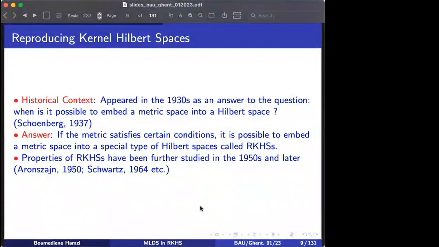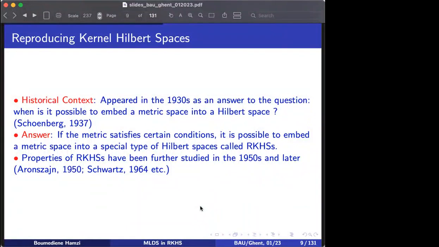The idea was to transform computations and make them simpler by working in a simpler mathematical structure, the Hilbert space. And the answer was that if the metric satisfies certain conditions, it is possible to embed a metric space into a special kind of Hilbert space called a reproducing Kernel Hilbert space. And this is where they come from.